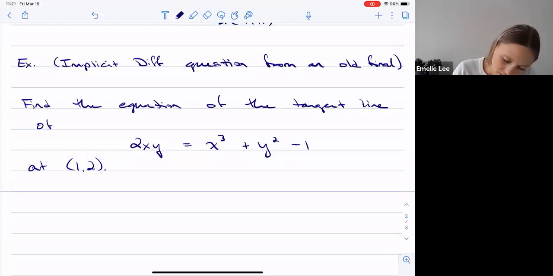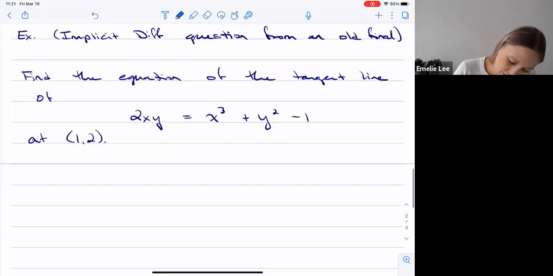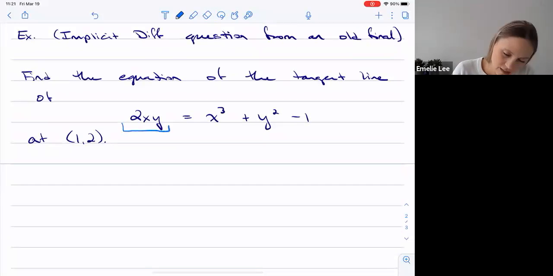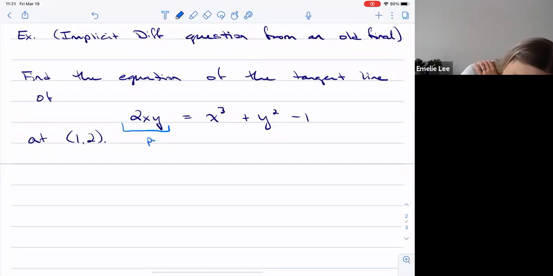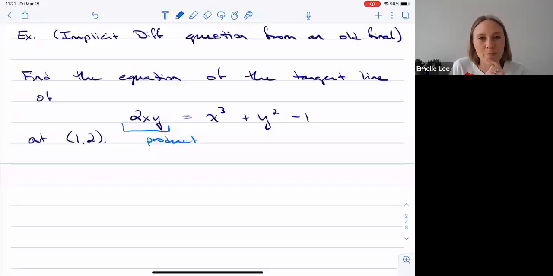On the left-hand side, let's remember that we have a product rule here, but otherwise everything looks pretty good, right? So just recognize that you've got a product rule here, but nothing else crazy is going on, right?